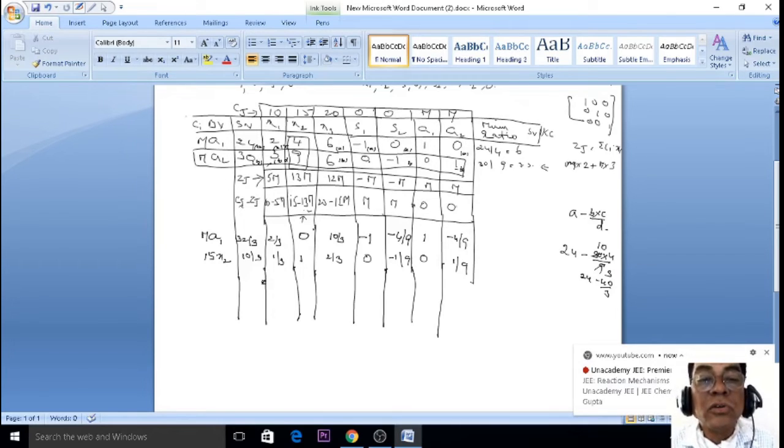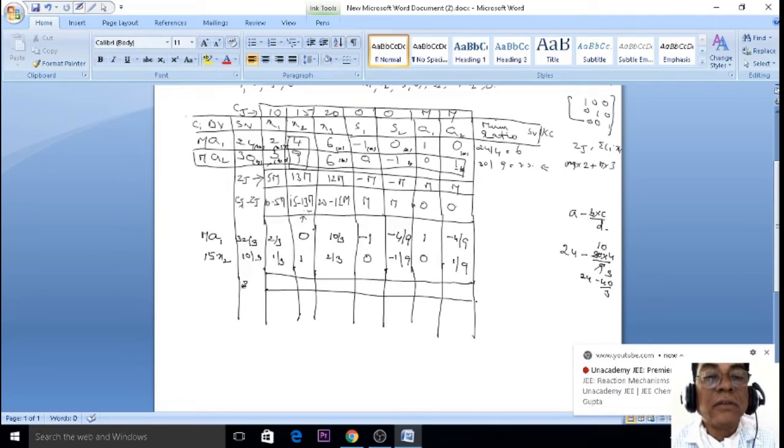Next, go to Zj. What is the basic formula for Zj? Sigma Ci into Xi. It means M into 2 by 3 plus 15 into 1 by 3. It means 2M by 3 plus 15 by 3, which is 2M plus 15 by 3.